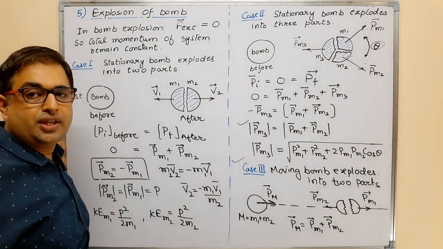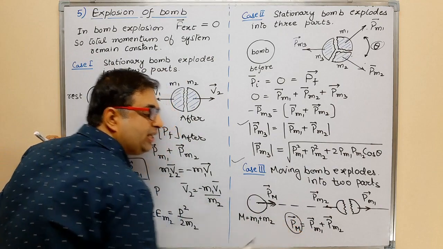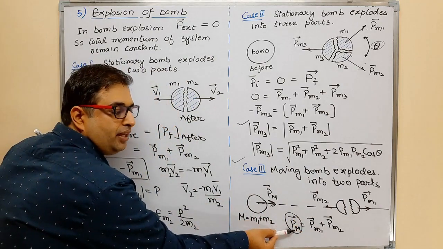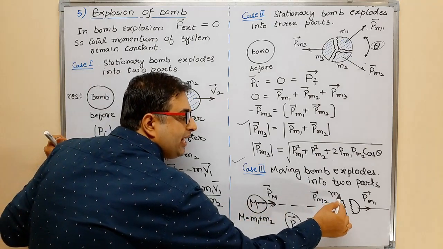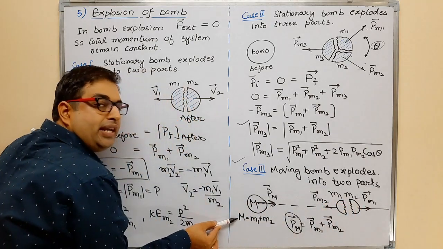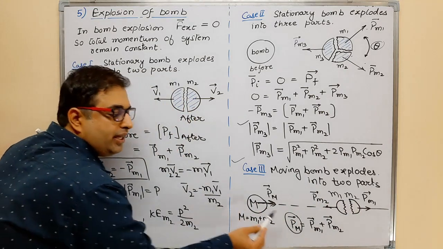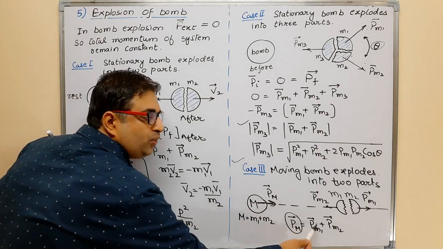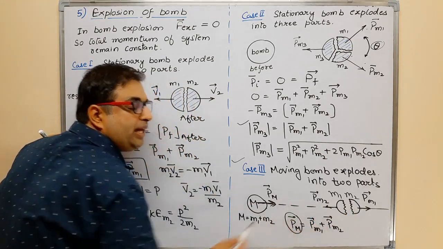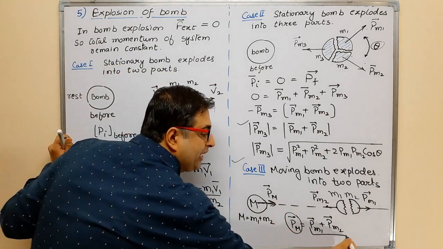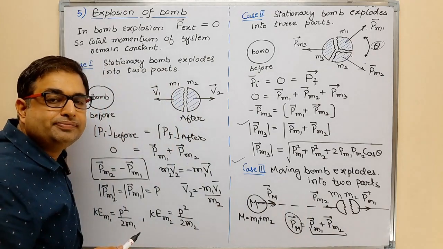Again there is no external force, but in this situation we have initial momentum, that is Pm, and this bomb of mass M explodes into two parts, M1 and M2. So capital M is M1 plus M2. So initial momentum before blast, Pm, is equal to final momentum after blast. So Pm1 plus Pm2, and this is vector sum of the two momentums, right?